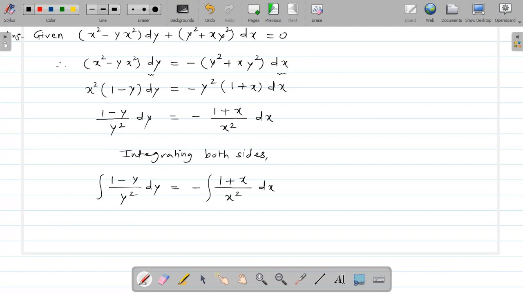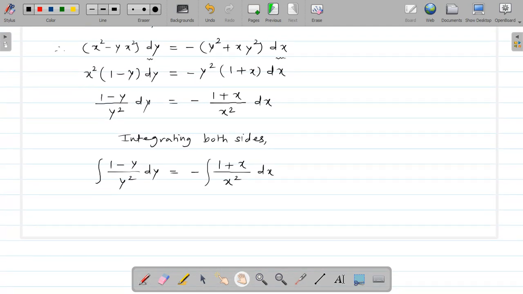Now how will you get the integration of this? So just observe the terms. Here it is (1 − y)/y². If you take the separate denominator here, then what will you get? Here you will get 1/y² − y/y², which is 1/y, into dy is equal to, here it is minus. Here also you take the separate denominator. So we get 1/x² + x/x², which is 1/x, dx.